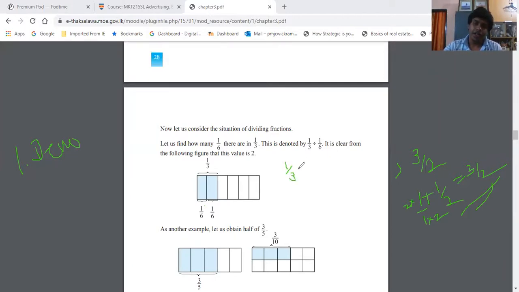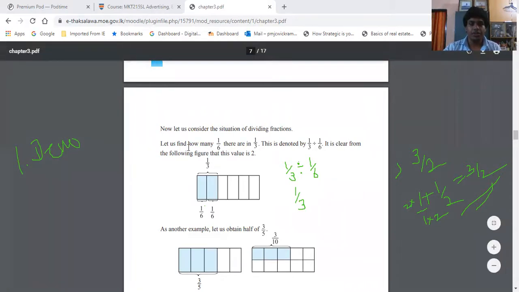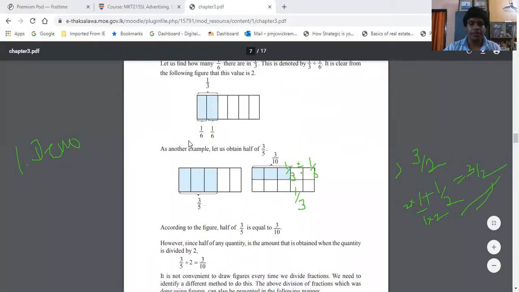1/3 divided by 1/6. Okay, how to do this? They are saying, let us find how many 1/6 there are in 1/3. This is denoted by 1/3 divided by 1/6. It is clear from the figure as well. So how do we do this? We have to first convert this into a multiplication.